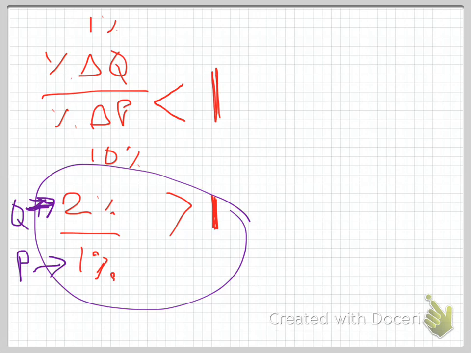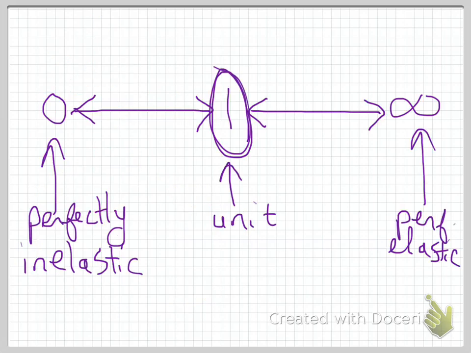Price is in the denominator, so when price changes 1%, quantity changes by a number larger than 1%, the fraction is greater than 1. So, going back to this page, that means that anytime our value of our elasticity is greater than 1, we're going to say it's elastic.